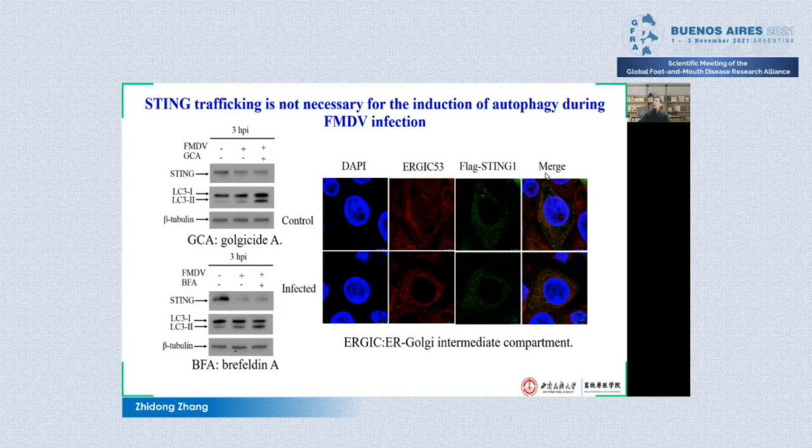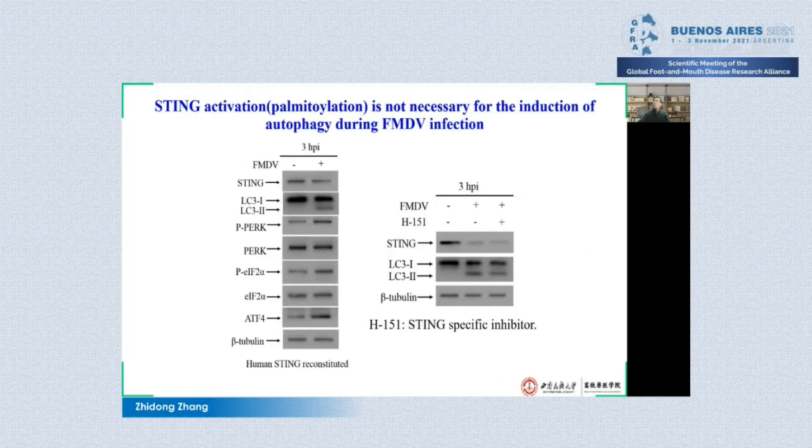When you look at the overlap image, you can see there's no trafficking of STING from the ER to the Golgi ERGIC compartment. So this result suggests that STING trafficking is not required for induction of autophagy during FMD infection.